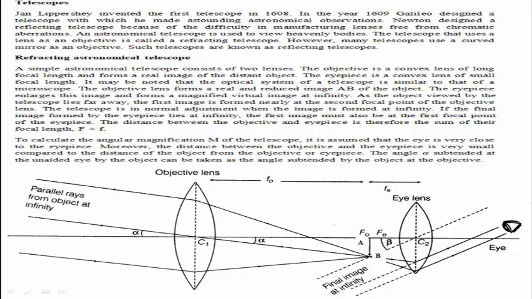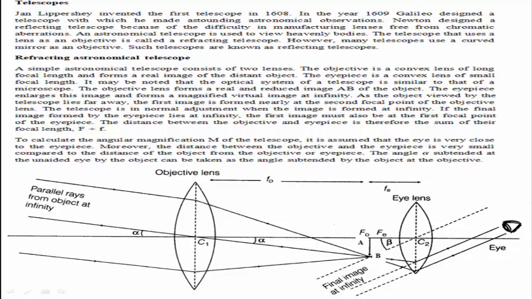To calculate the angular magnification M of the telescope, it is assumed that the eye is very close to the eyepiece. Moreover, the distance between the objective and the eyepiece is very small compared to the distance of the object from the objective or eyepiece.